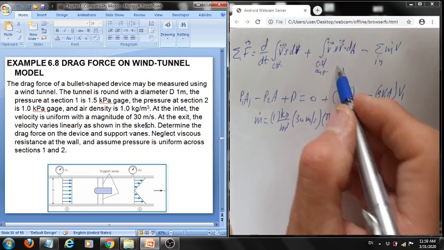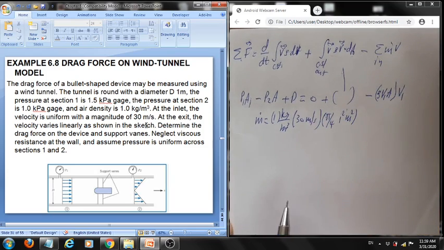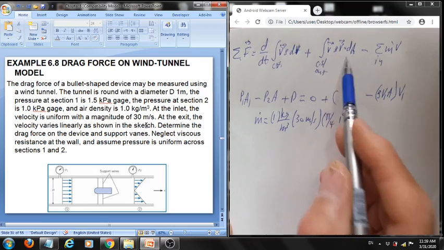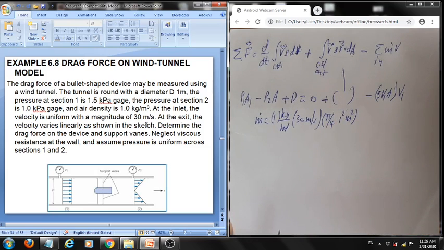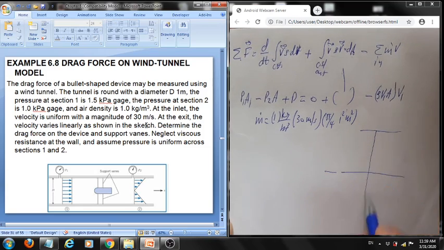Now how can we find the velocity profile at the exit? Because we need it in order to perform this integration. Again, in this case we have the center, and at this cross section the velocity profile is given to us as this hypothetical profile, being 0 at the center when r equals 0.